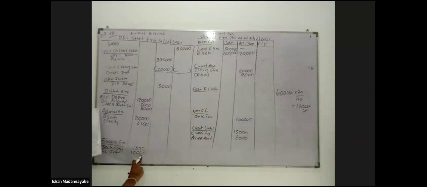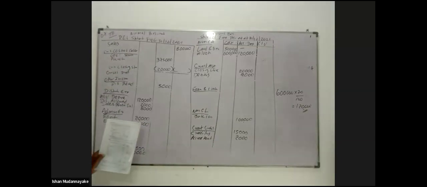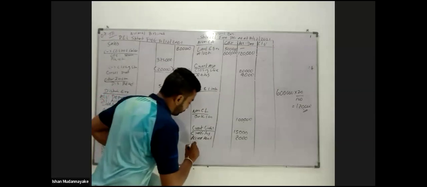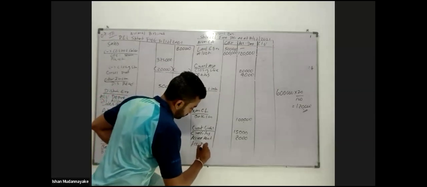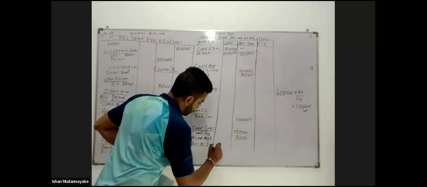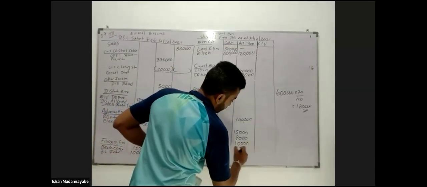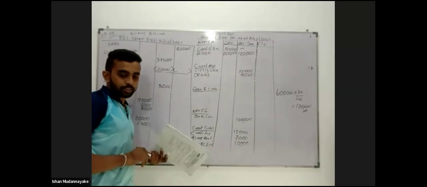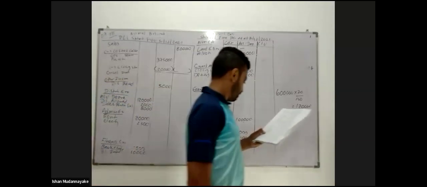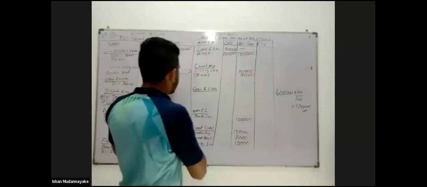And then how much bank loan interest was paid? There is no bank loan interest paid. Then the total 10,000 is a current liability, accrued bank loan interest 10,000. Right. Capital 624,000.